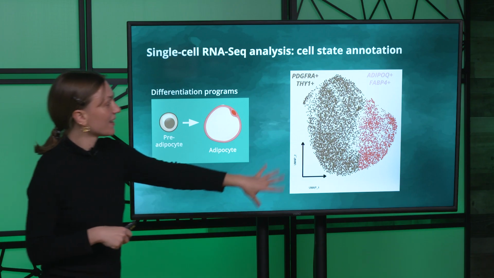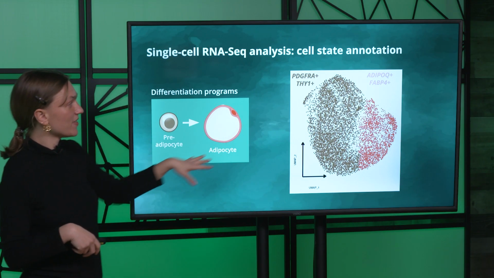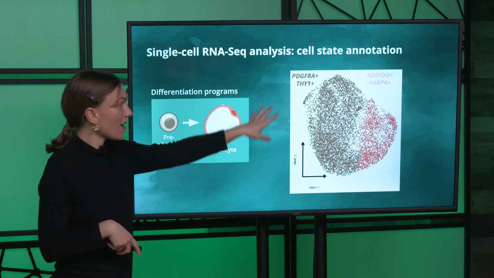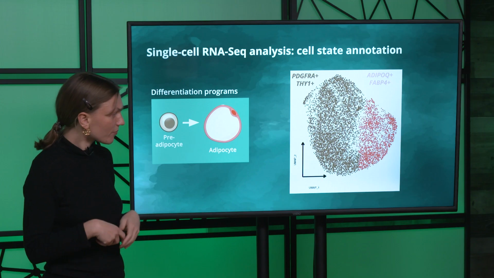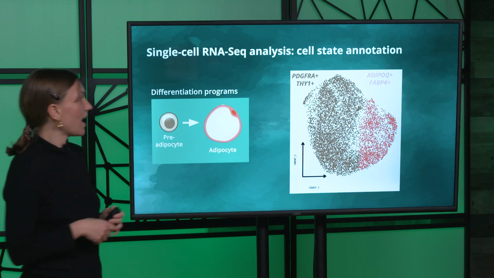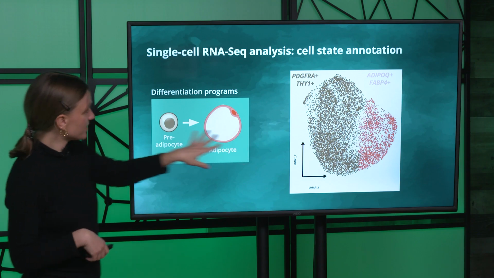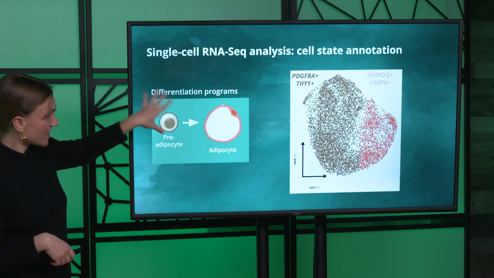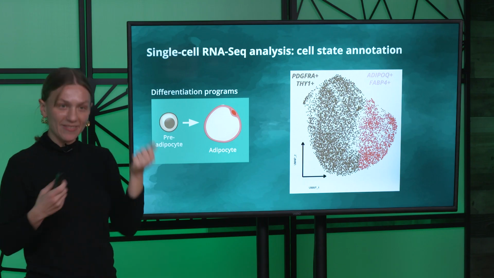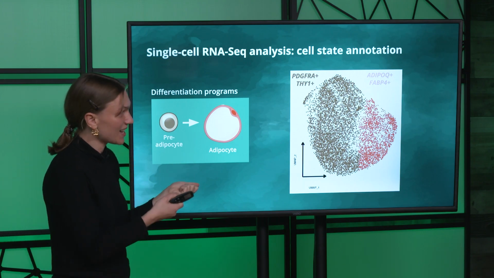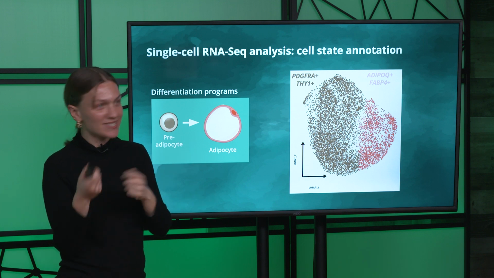Going back to our particular use case, this is one of the data sets that you'll be working with, an example of this lower dimensional embedding of the cells. You can see here that we've marked which of the cells are pre-adipocytes and which are adipocytes. We've done this because now that we have the single-cell RNA-seq data, we can see which genes are expressed in which cells.